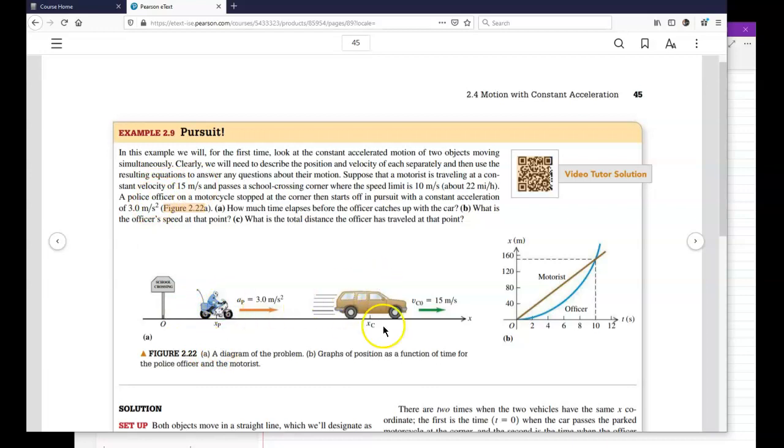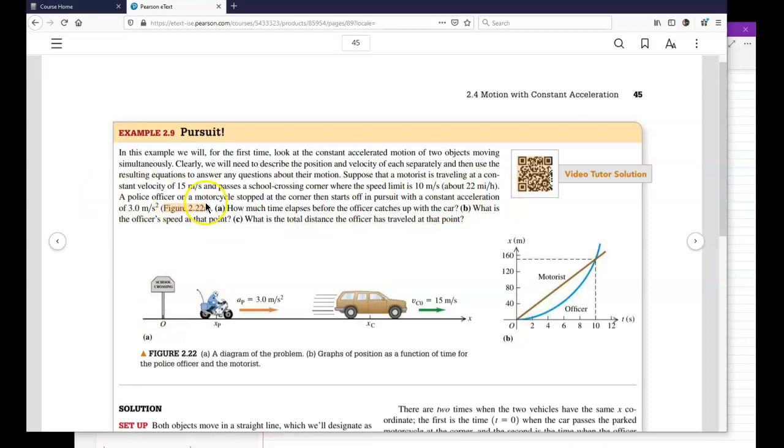I got it. Okay, so the motorist is the van here, or SUV, whatever you call it. So that's the motorist right here, and that's the police officer. And the motorist is going at a speed of 50 meters per second. And so he passes this school zone, and the school zone says 10 meters per second. Got it so far? Okay.